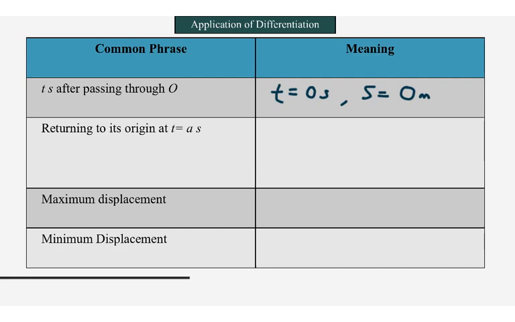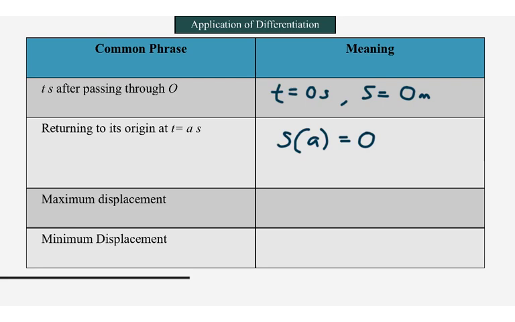Okay, so when the question refers to returning to its origin at t equals a seconds, it tells you that when t is equivalent to a, the object is coming back to the origin, which is 0. When the object is at its origin, s is always equal to 0.